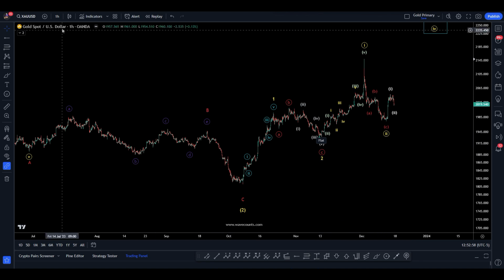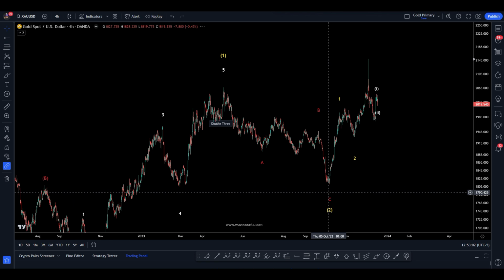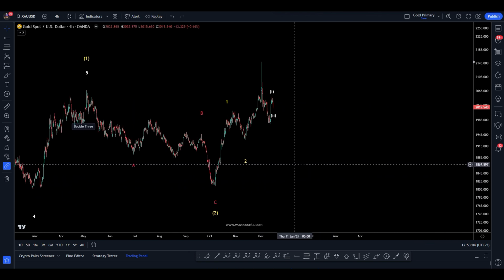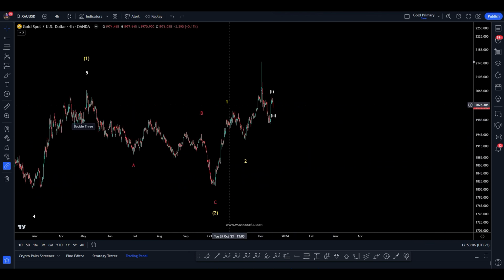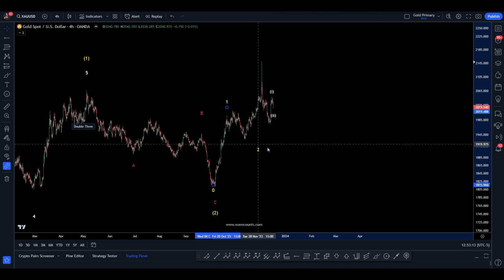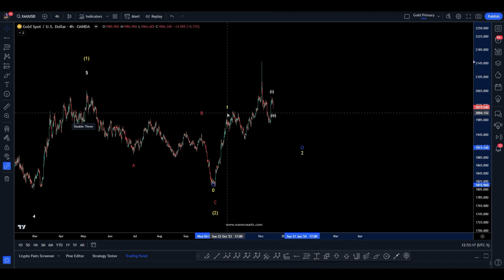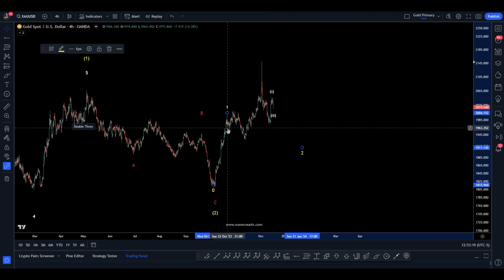But if we get now to a slightly bigger time frame, we go to say the 4 hour. All right. Then what we could do is say the 2 is not done yet. Right. Instead of this being wave 2, we can move this over here. Okay. And that you got a flat for wave A. Right.